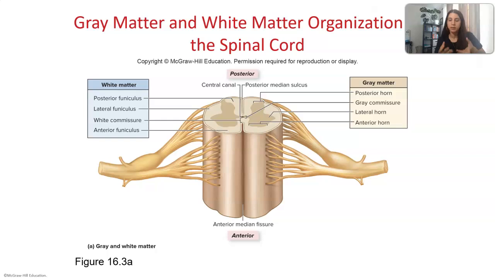Why it has this color, again, is because in the white matter we have myelinated axons, whereas in the gray matter it's mostly cell bodies, dendrites, and unmyelinated axons.